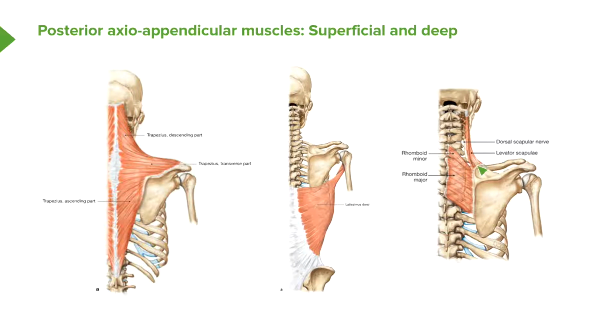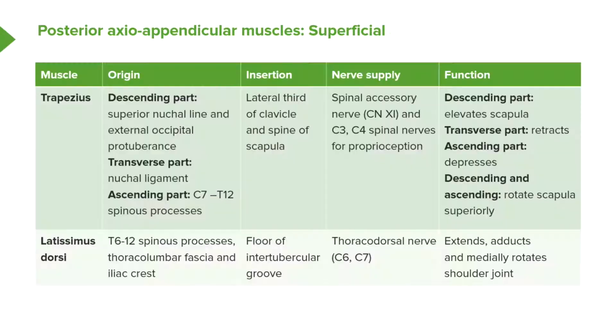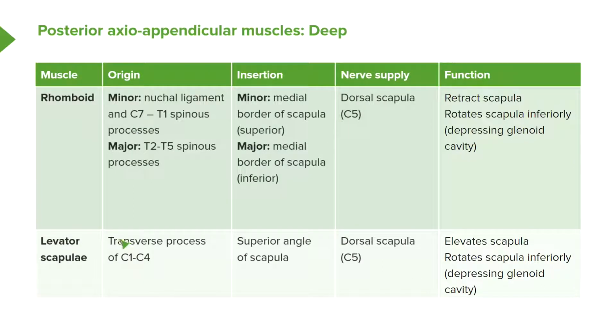Here we can see passing upwards towards the skull, we have levator scapulae. And that's important in helping to, as its name suggests, elevate the scapula. So we can see rhomboid minor and rhomboid major.